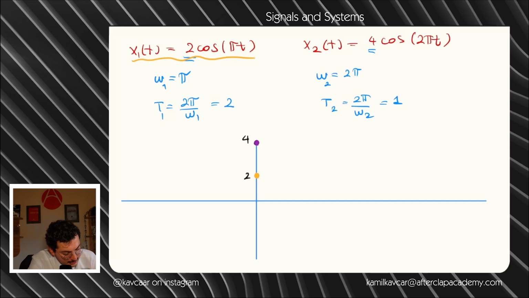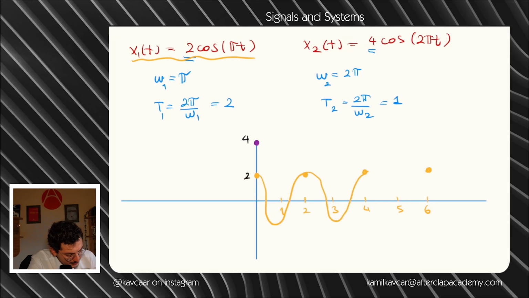So let us divide this x-axis: 1, 2, 3, 4, 5, 6. I guess that should be enough. After 2 seconds we have to be at the same point, and after another 2 seconds again at the same point. It's going to be something like this.